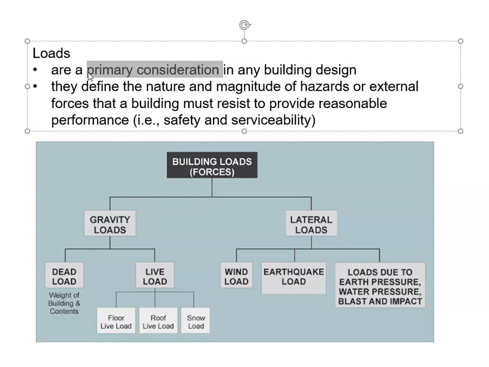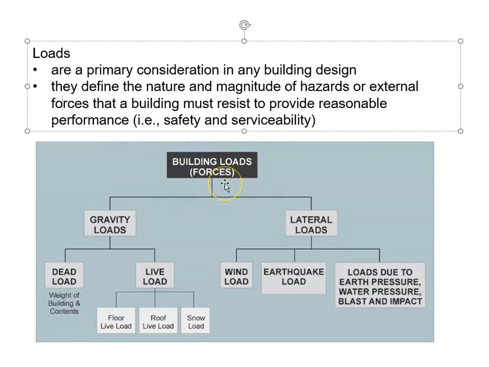It's basically either going to be loads or building codes, and we'll talk a lot about the relationship between those. But basically loads, building codes, and spans are the big 3 primary considerations. They define the nature and the magnitude of hazard or external forces that are acting on buildings, and they tell us what we need to provide reasonable performance. So we have to resist these loads in order to make buildings perform correctly.